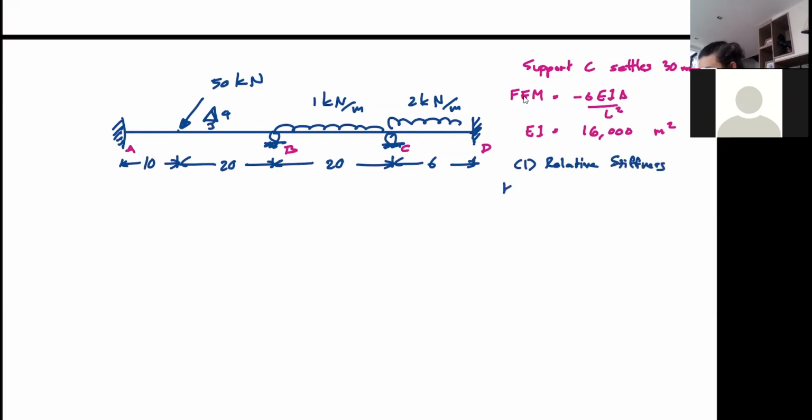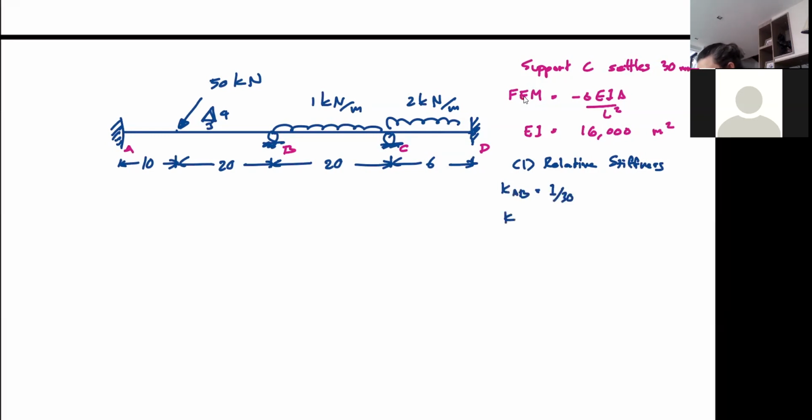So now we have KAB, that's I over 30. That's the long span, right? 30 meters. KBC is I over 20, and KCD is I over 6.